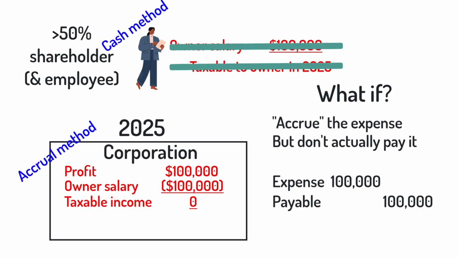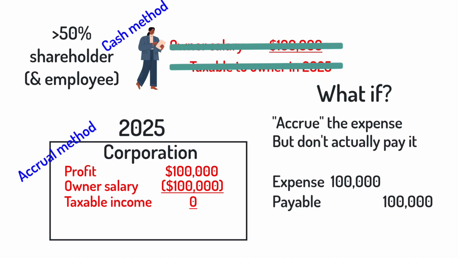And if the owner is a cash method taxpayer, they don't report the income and pay tax on it until they actually receive it. This seems to be the best of both worlds. The corporation gets a $100,000 deduction, but the shareholder does not report it as income, at least not yet. We could delay the shareholder reporting the income simply by delaying the payment for years.